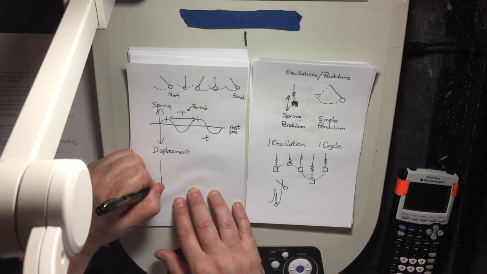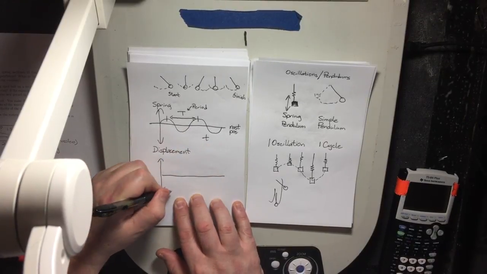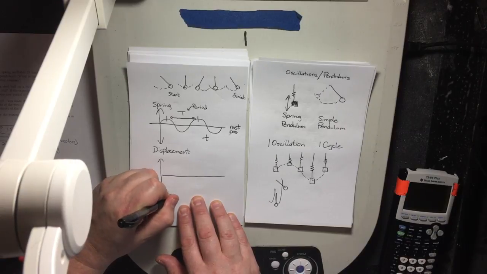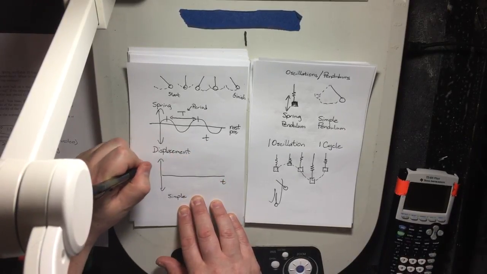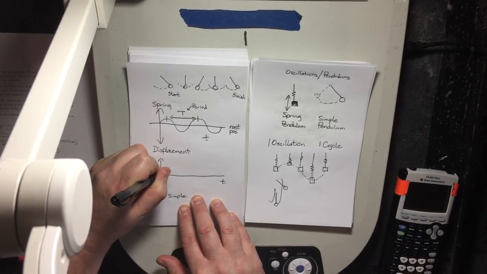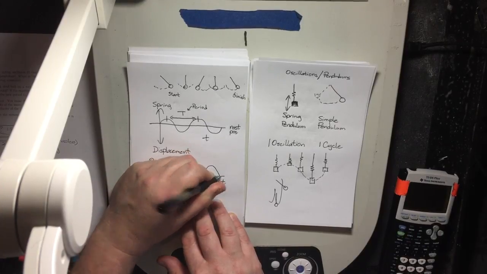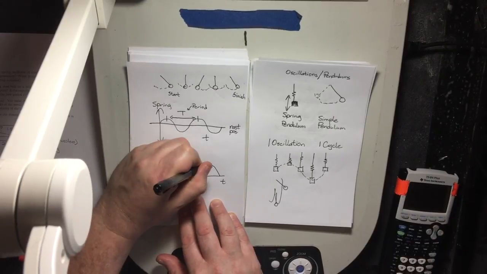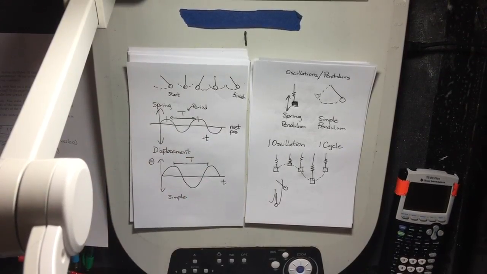If it was, let's say, a simple pendulum, time would be on the horizontal and angle theta would be on the vertical. And so you get this, once again with period.